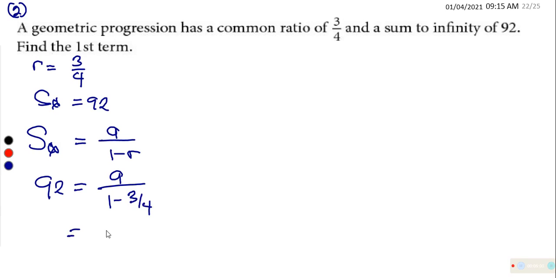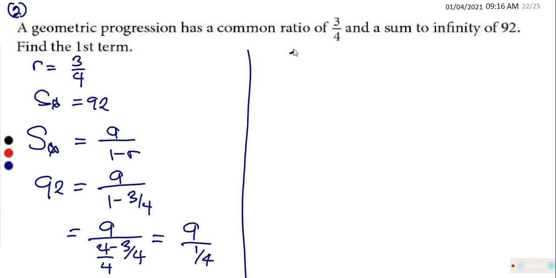Which is the same thing as a over 4 minus 3 all over 4, and this is just a over 1 over 4. So 92 equals a times 4 over 1. Okay, it's a, not 9.